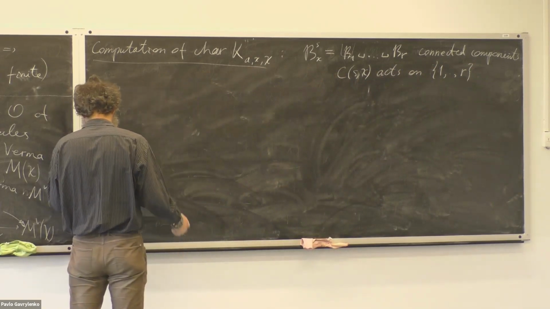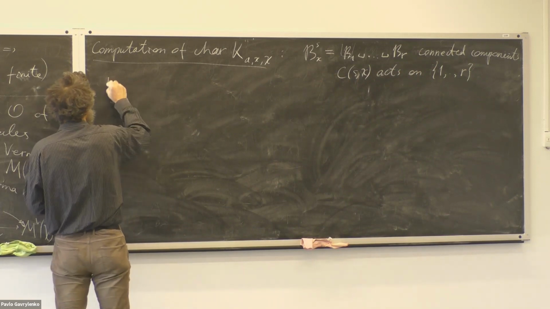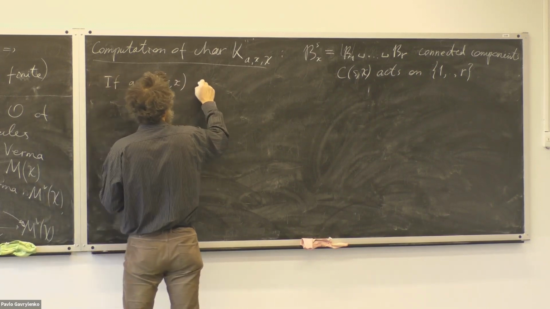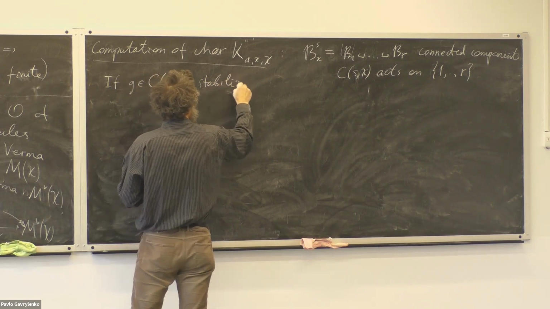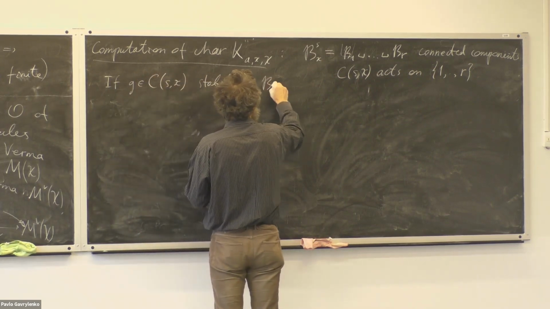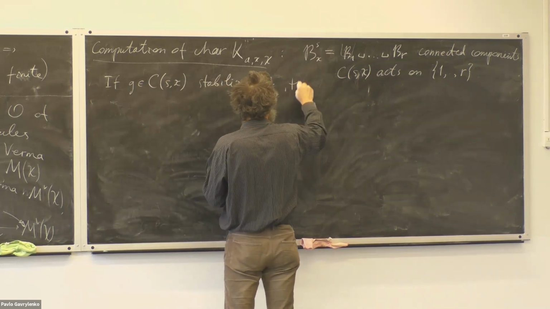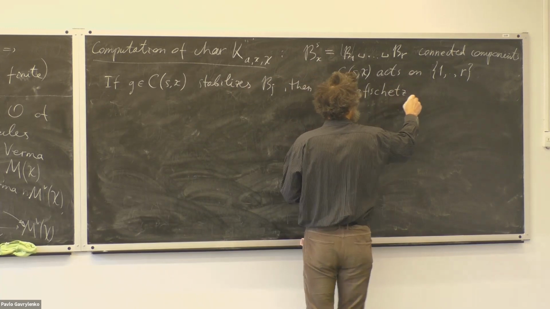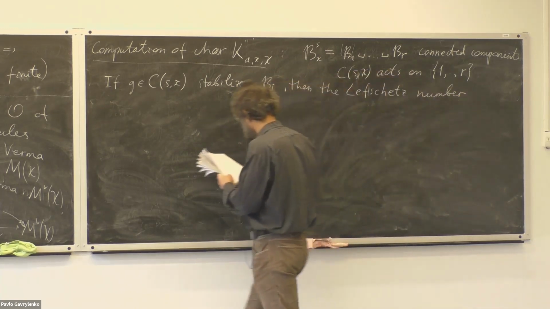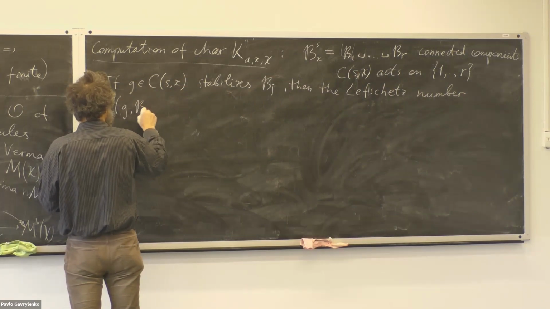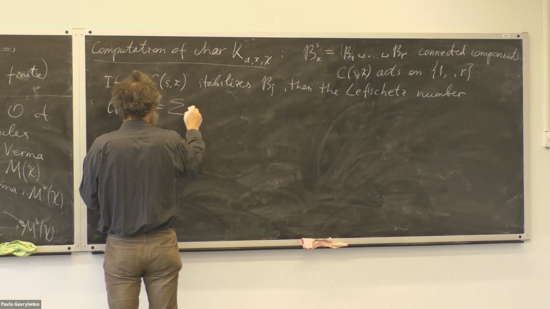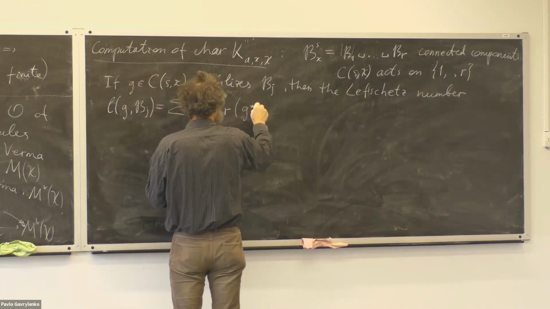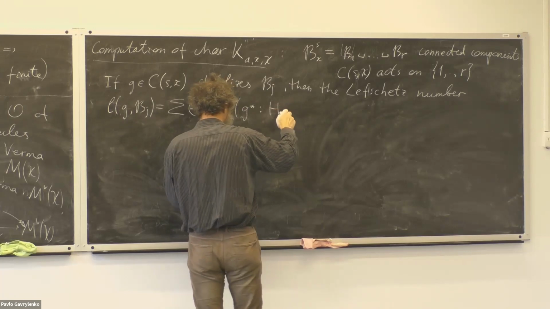And so if some element, say g, in the component group preserves a certain connected component, say Bj, then we can define the Lefschetz number L of g, Bj, just the alternating sum of traces on the cohomology groups.